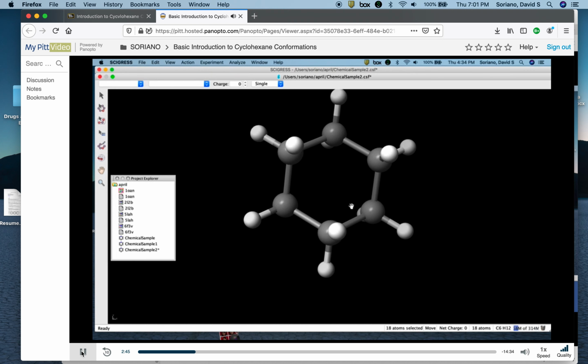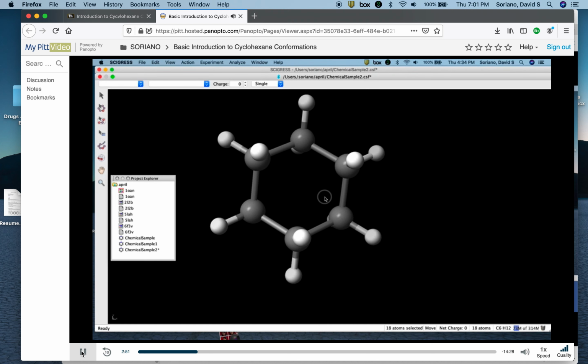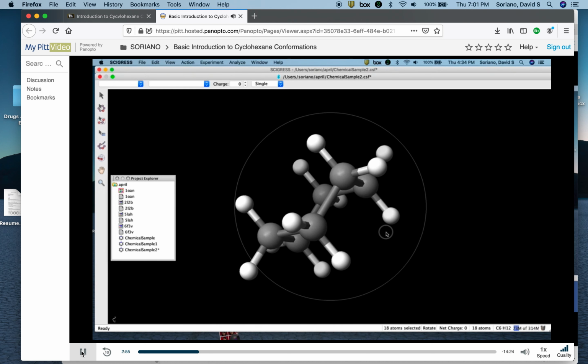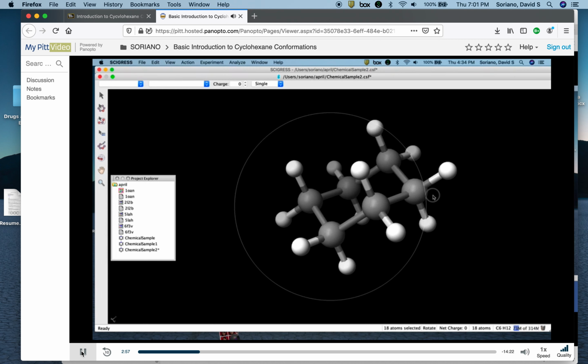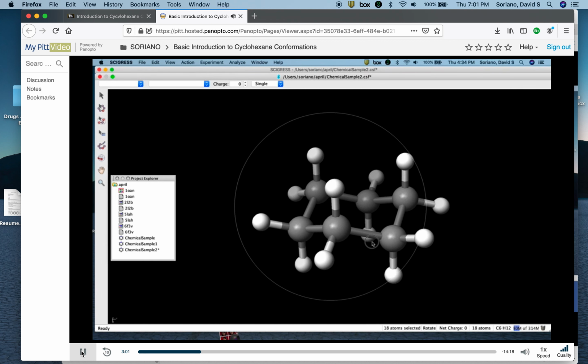Carbons in gray, hydrogens in white, six-membered ring. I'm going to rotate it. And when I rotate this, I see by default it is building a non-planar six-membered ring. In other words, it's not a hexagon.